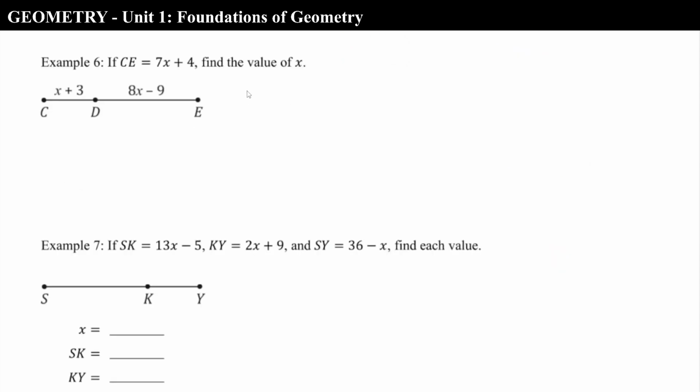All right, example 6. If CE is 7x plus 4, we want to find x. So here we're back to just finding the value for x again. Well, segment addition postulate, we know that CD plus DE equals CE. So CD is x plus 3.